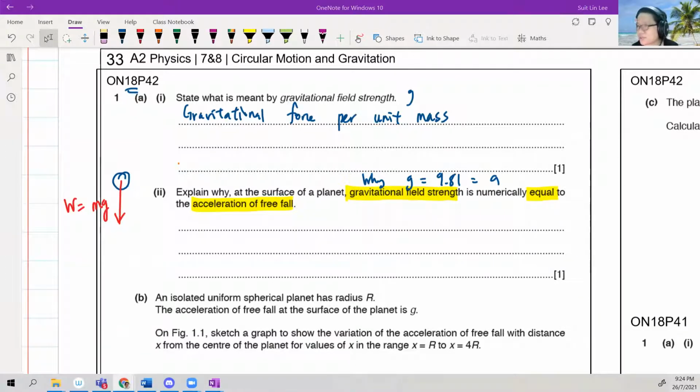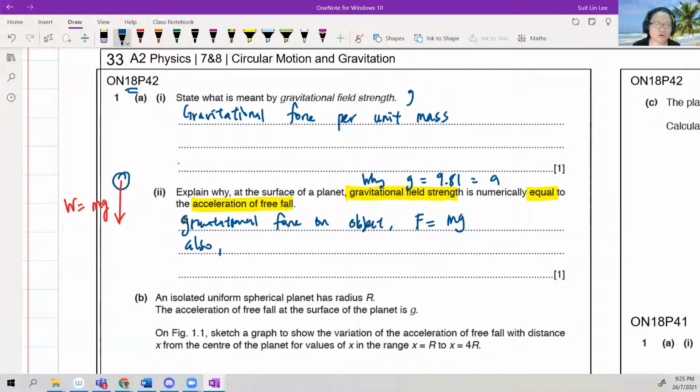All right, so we're going to start off with this one. We can say that the gravitational force on the object F is equal to mg. But also from Newton's second law, F is equal to ma.